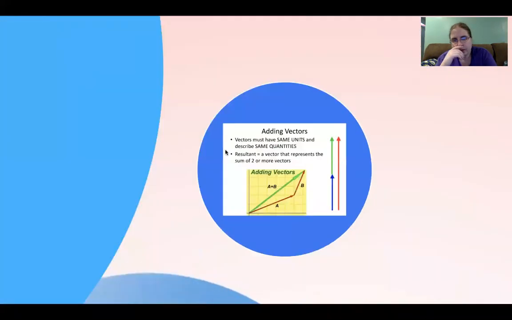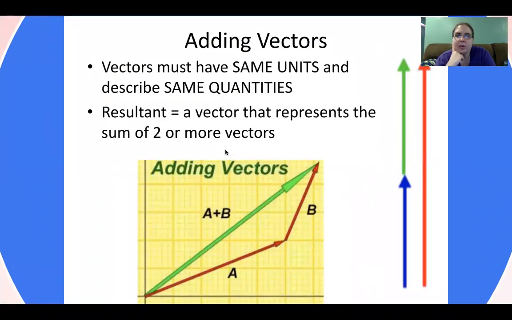So, adding vectors. If you want to be able to add vectors, then they have to be the same units and describe the same quantities, meaning that, let's say they're both for velocity. They are the same quantities. So great. But if one velocity is in meters per second and another velocity is in kilometers per hour, you're going to have a hard time adding them.